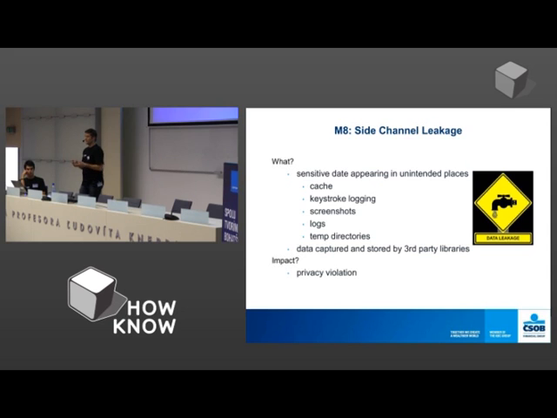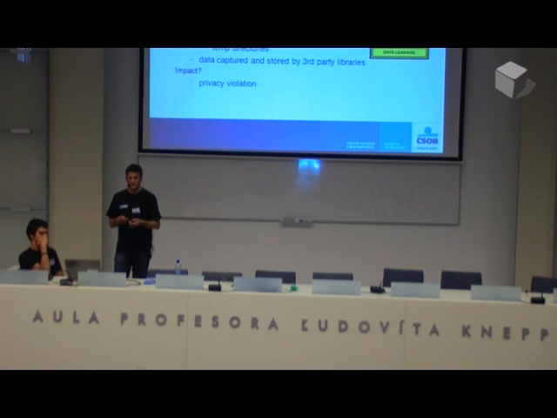Just think of an application storing the data in cache, in memory, and for a long time it's not cleaned. A hacker can easily read the memory of the phone and get this data. Or, I have a malicious application, I can read whatever is in memory.